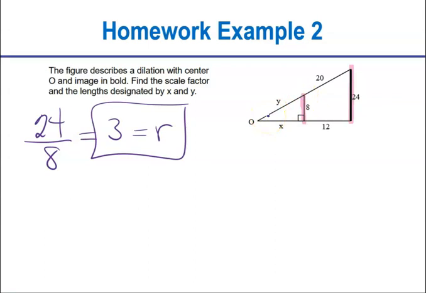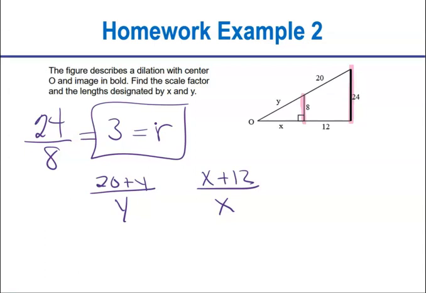So I would have to have 20 plus Y compared to the original Y. Or if you look at this measurement, the full image is X plus 12 compared to the pre-image of X. So I don't have enough information anywhere else to calculate another comparison to confirm that R is 3. So I'm going to be confident that my R equals 3 is right. We don't have to check it. We just do to make ourselves feel better.